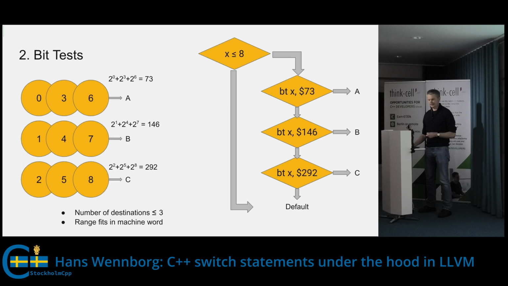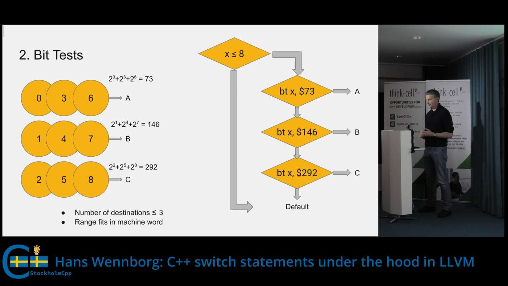The second strategy is a very clever thing it does with bit masks. This slide looks horribly complicated, I think. So if there's a bunch of cases, in this case we have 9 cases, but there's only 3 targets. And so if there's 3 or less targets, it will try to use bit masks to describe the cases.